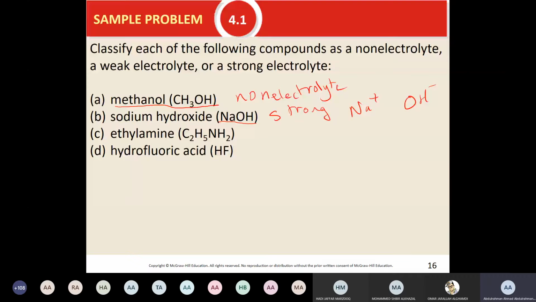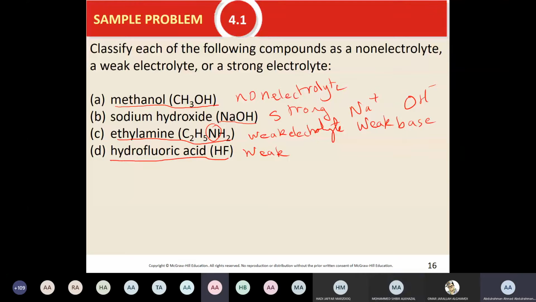Okay. How about this one? Ethylamine. Weak. Why? Because it is organic and contains nitrogen. It's a weak base. Contains nitrogen, that's why it's a weak base. Exactly. Okay. Hydrofluoric acid. Strong. Strong.